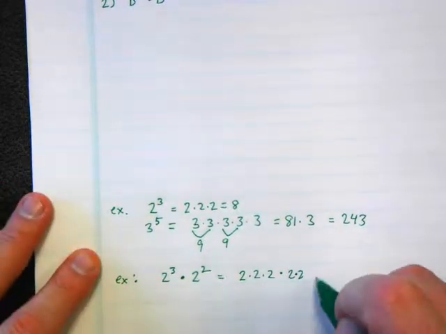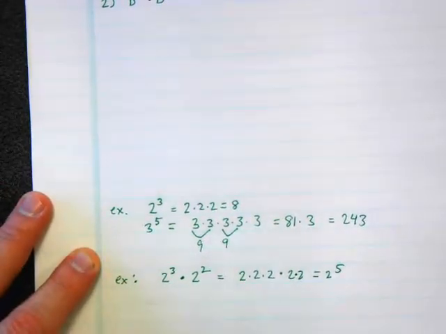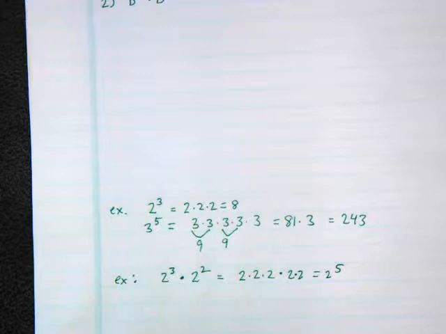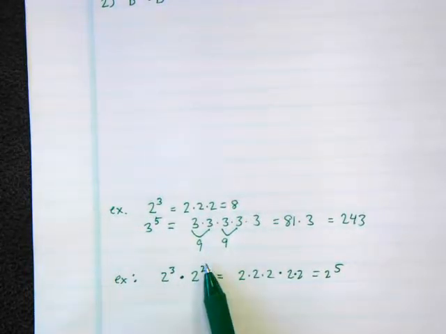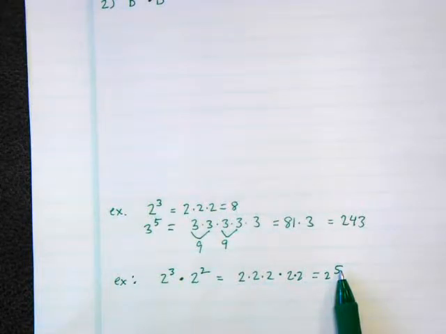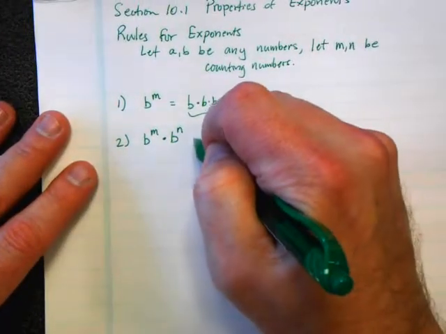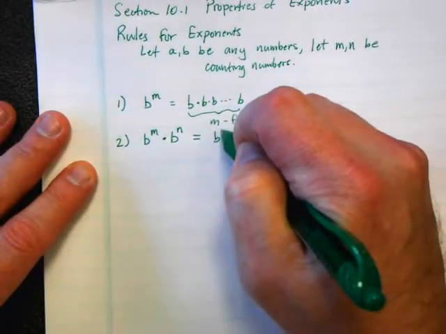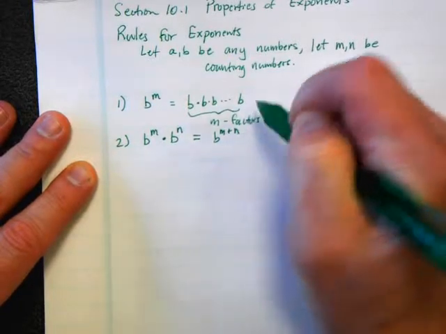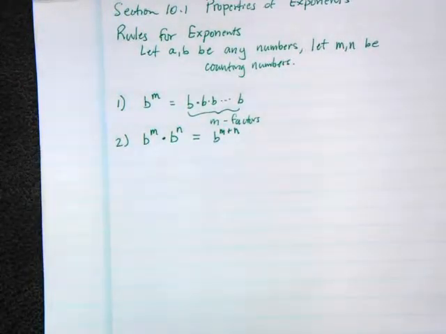That's 2 to the fifth. So when I had a base raised to a power, and I had the same base raised to a different power, what did I do with the exponents? I added them. 2 plus 3 gives 5. So that's rule number 2. Rule number 2 says when you're multiplying things together, you add your exponents.